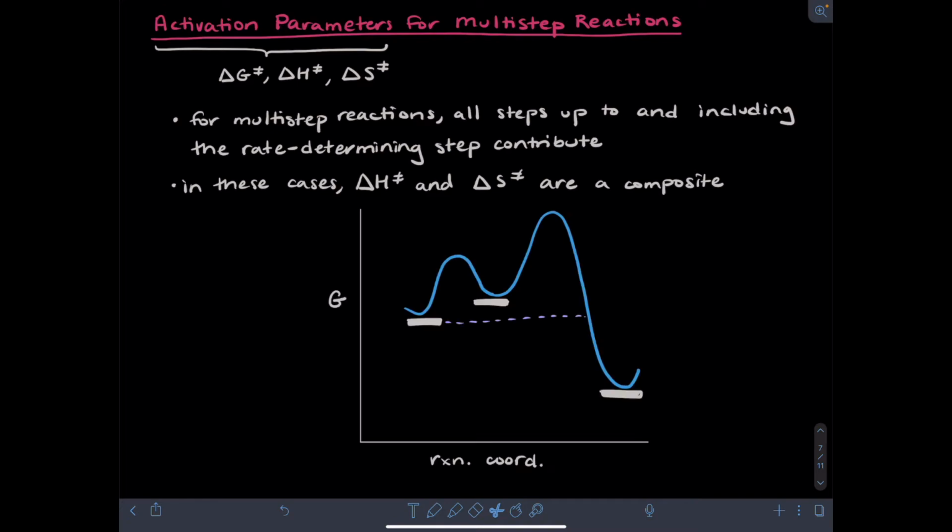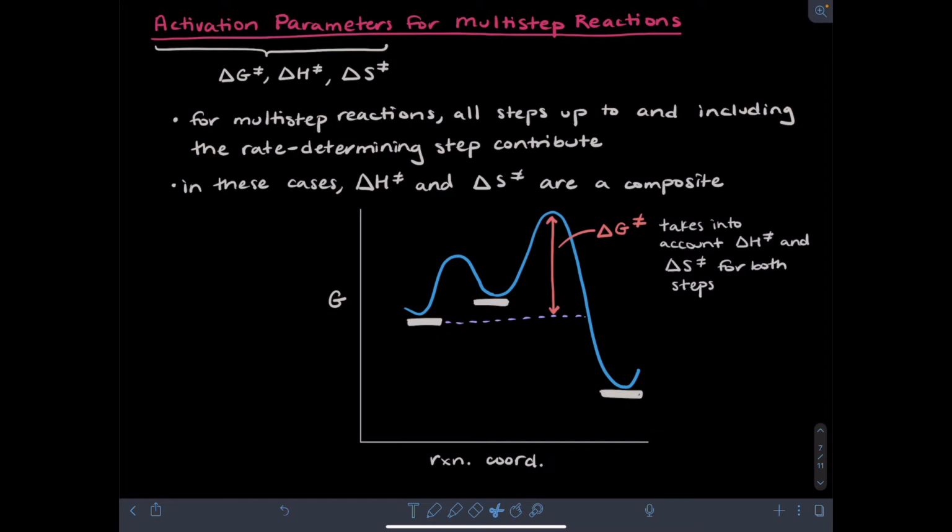So let's consider the following reaction coordinate diagram, where I have a second step that is rate determining. In the lab, I would determine rate constants at different temperatures and plot them using an Eyring plot to get delta H double dagger, delta S double dagger, and delta G double dagger.